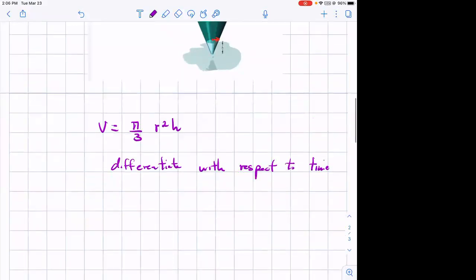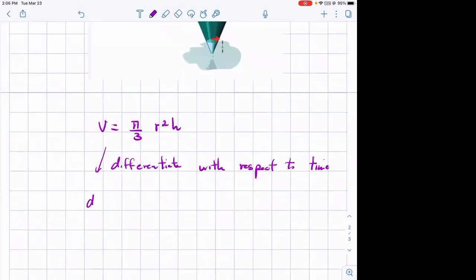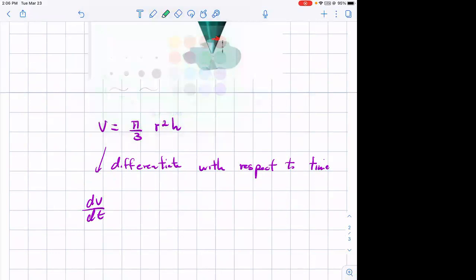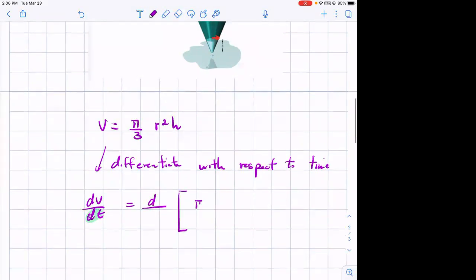Okay, so this side here becomes dV/dt, and we're getting dt because it was with respect to time, and that's equal to the derivative of all of this quantity, pi over 3 r squared h, but with respect to time, so we have dt on this side also. So that's what we mean by with respect to time, right? We differentiate with respect to time.